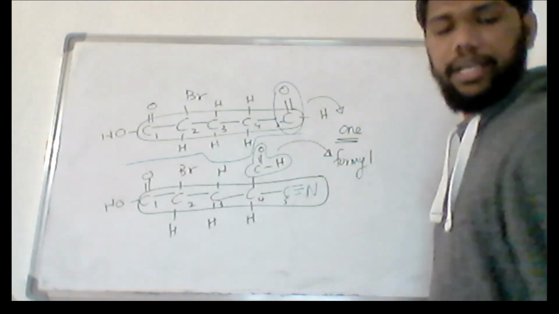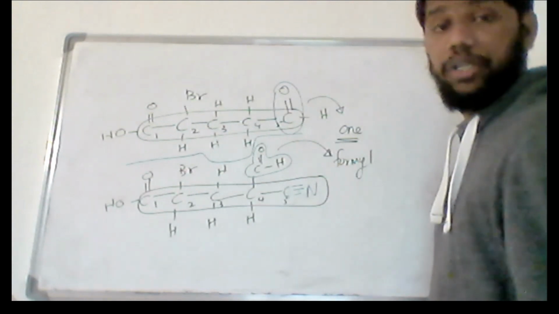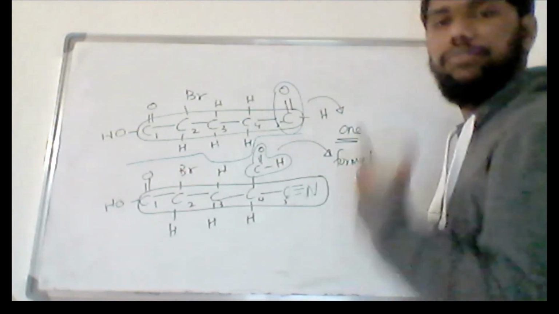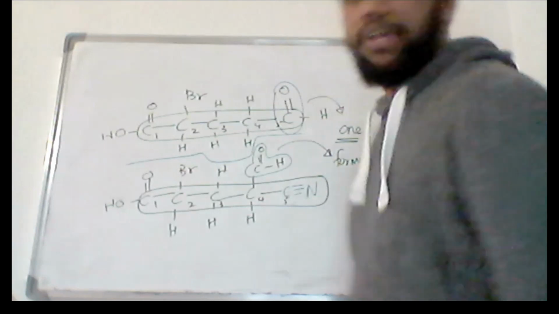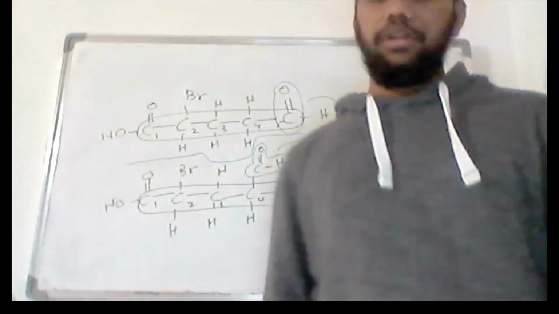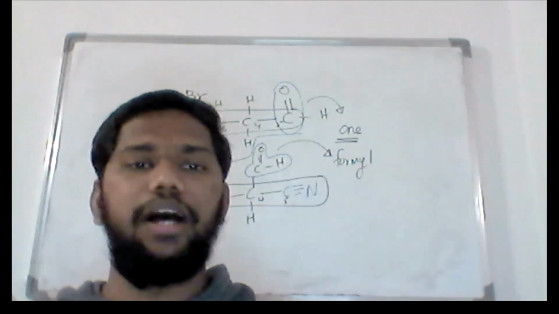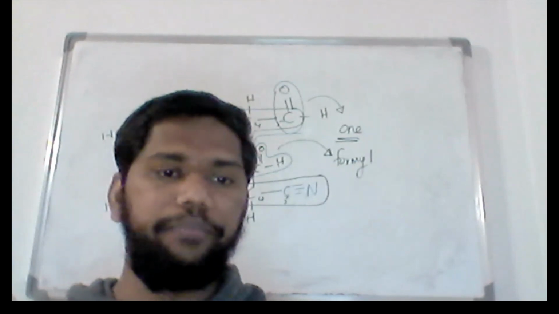That is the point I have to tell you, because this is a type that we see in one of the MCQs in past papers, where they have used the carbonyl carbon in the main chain and asked for the IUPAC name.